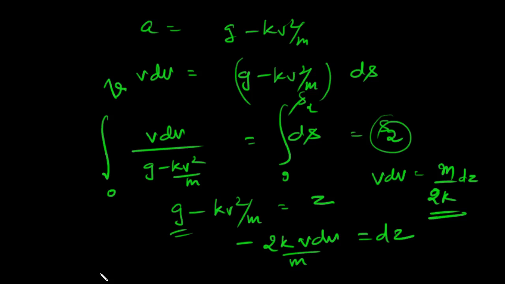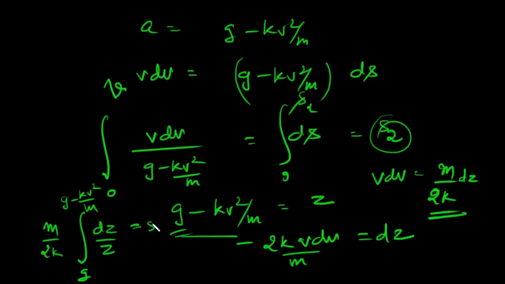Now putting this expression over here. When velocity is 0, z is equal to g, and when velocity is v, z is equal to g minus kv square by m. So we have m by 2k dz by z, integrated from g to g minus kv square by m, equal to s2.